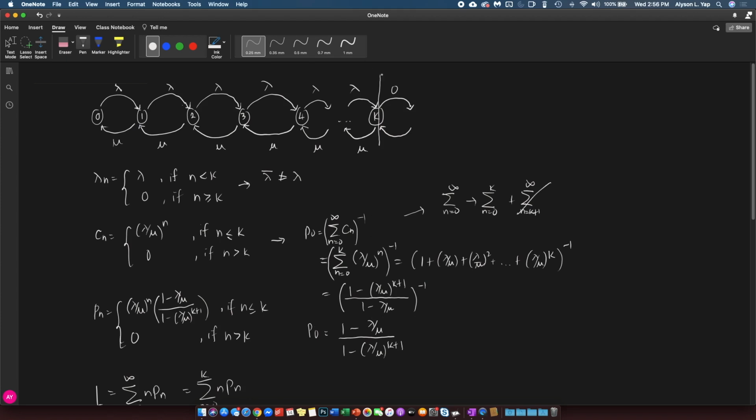As you may have noticed, because the system limit is now limited to k, getting p sub 0 is harder. Why? Because instead of having a sum of an infinite series where the sum is simply 1 over 1 minus ratio, your sum of a finite geometric series is now 1 minus r raised to n plus 1 all over 1 minus r.